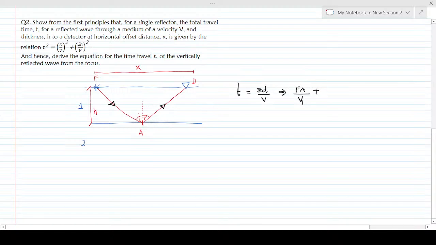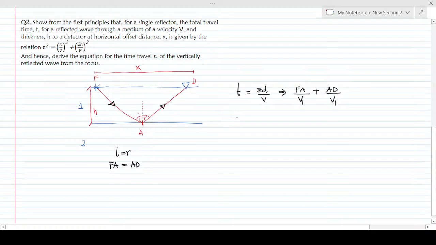Then from A it will travel to D, also with the speed of the first layer, that will be V1. With that being said, we can see from the laws of reflection that I is equal to R. If I is equal to R, then the distance traveled from F to A is the same as the distance traveled from A towards D.